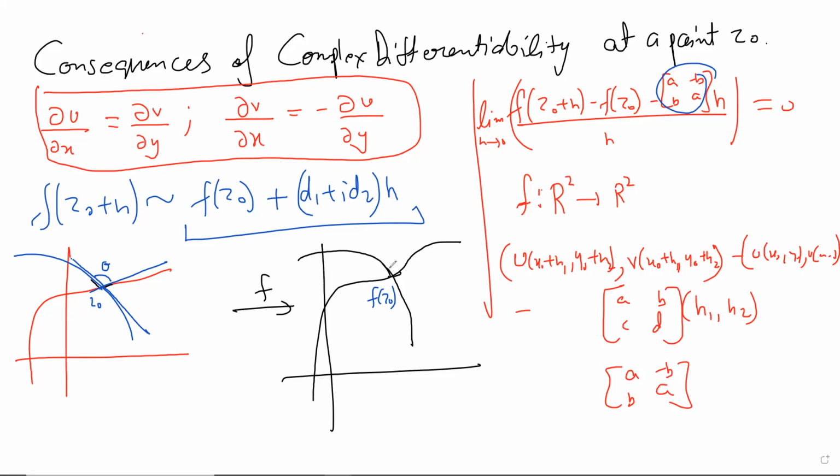Now if this angle is theta 1, then we will show that theta 1 and theta are roughly the same. I'm trying to say that you can make the difference as small as you want.